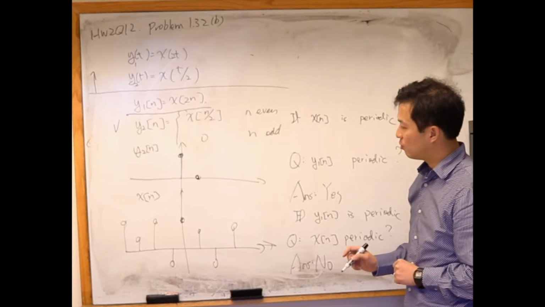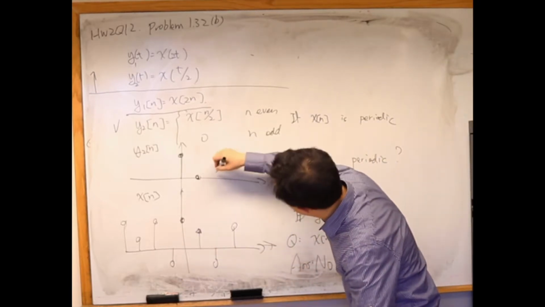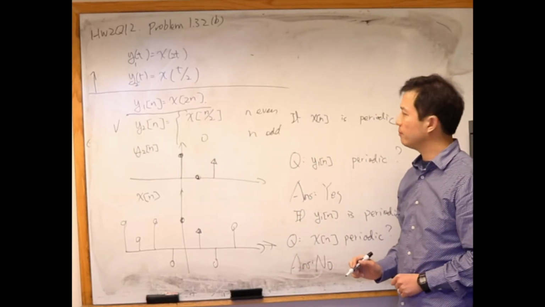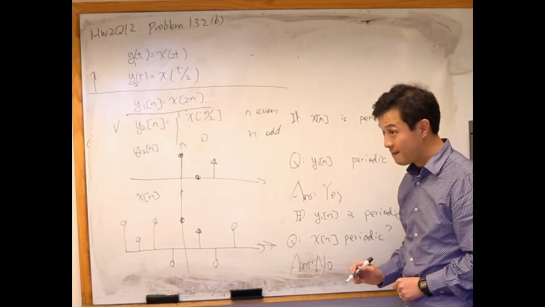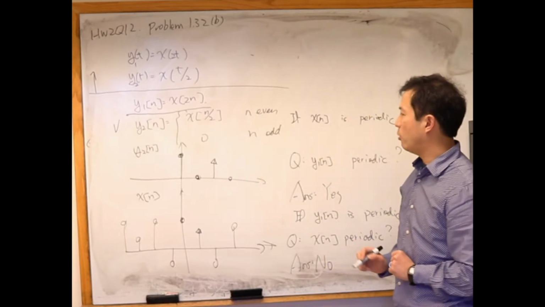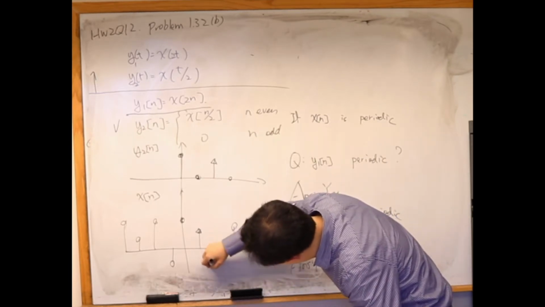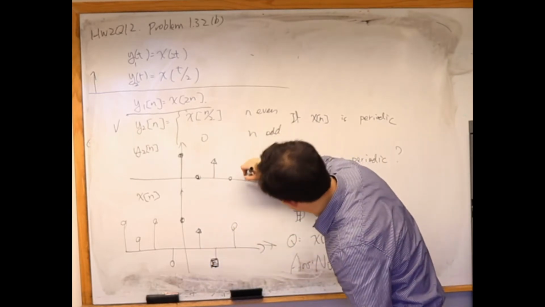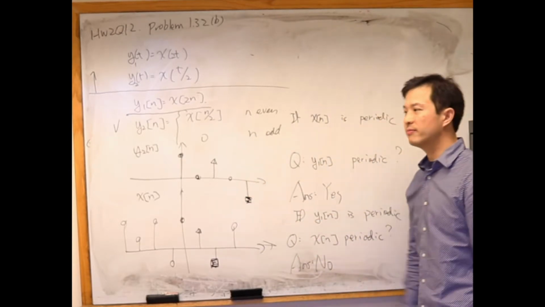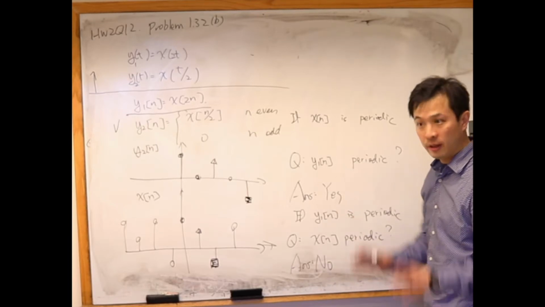Whatever is at 1, I'm going to copy it and place it at 2. How about y2[3]? It will be 0 again. How about y2[4]? Whatever is at 2, I'm going to copy and place here. And I will repeat this continuously. Everybody's okay so far?